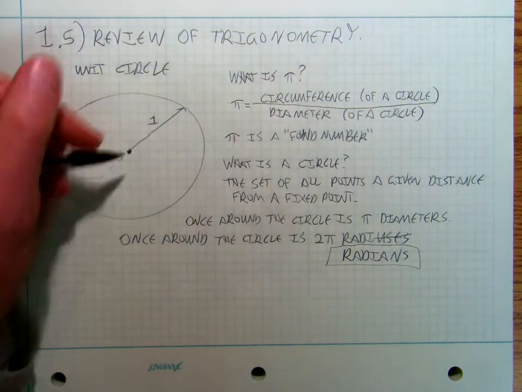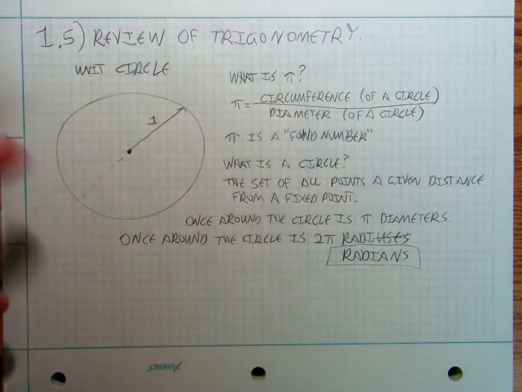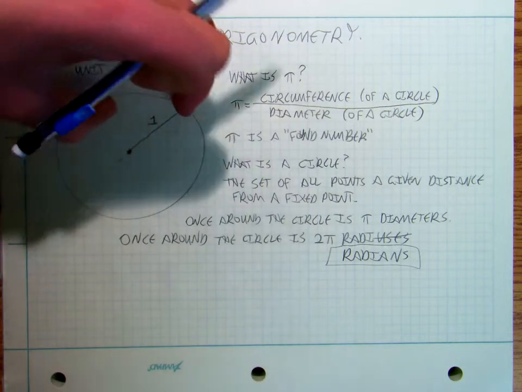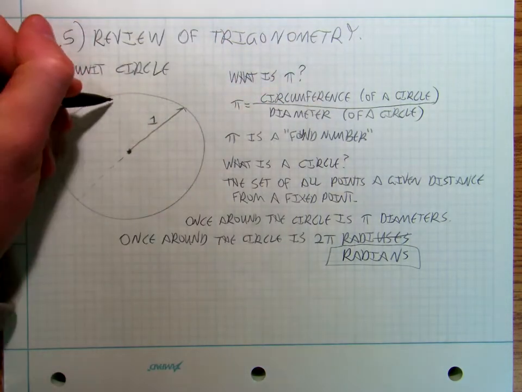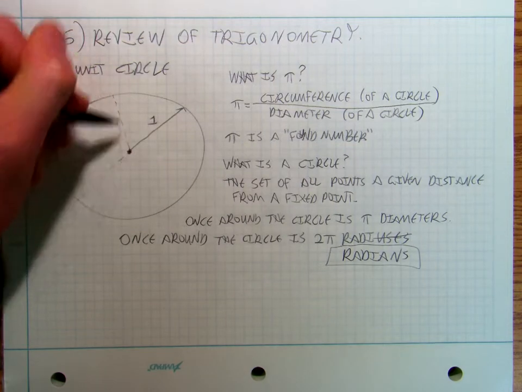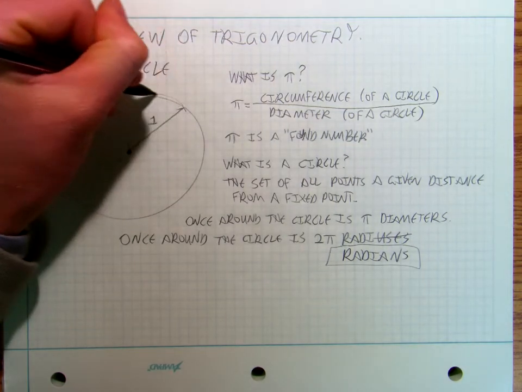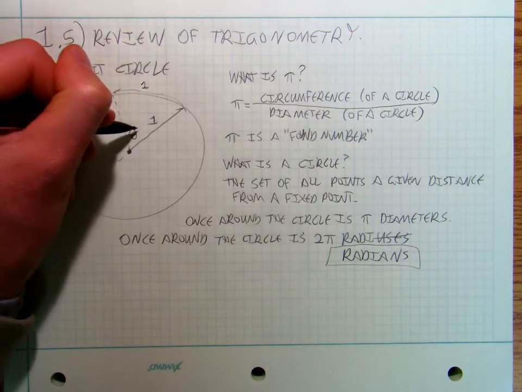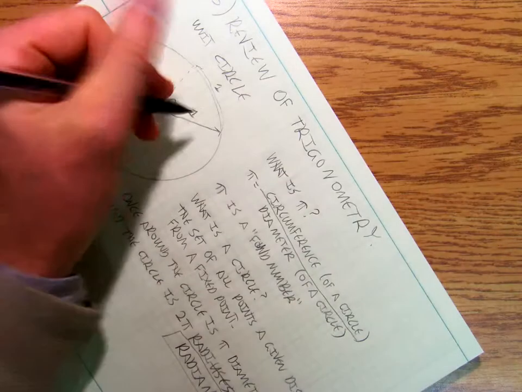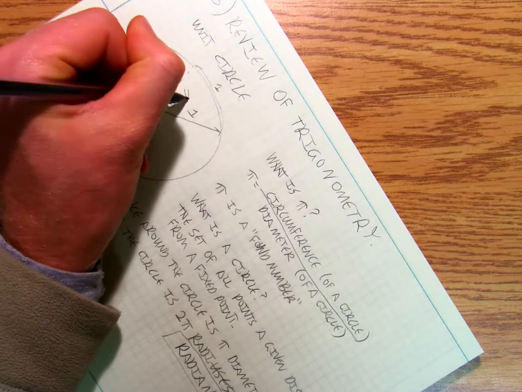So we can use that as an angle: if I take that distance and go around my lumpy circle to there, and that distance is 1, then my theta equals 1 radian.